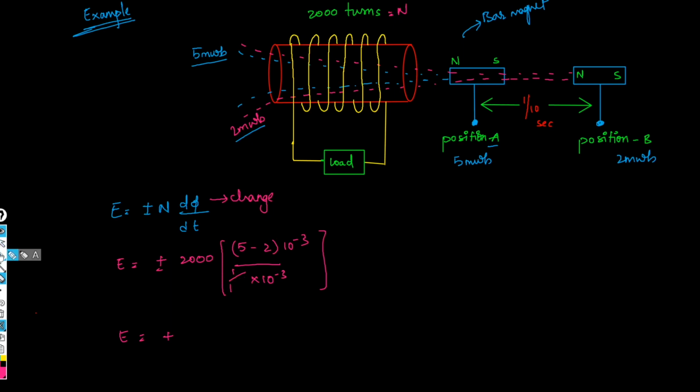So 1 by 10 into 10 to the power of minus 3. The resultant would be plus or minus 60 volts.